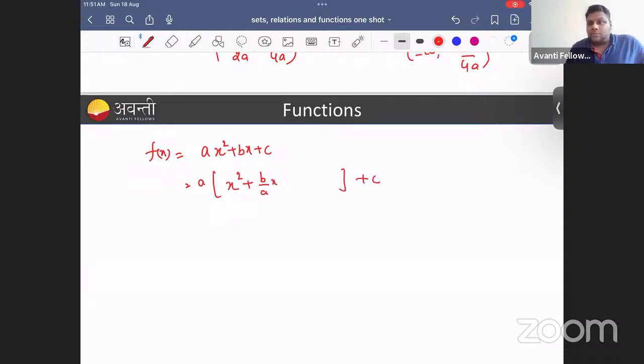To complete the square, how do we do it? I will write the strategy for completing the square.